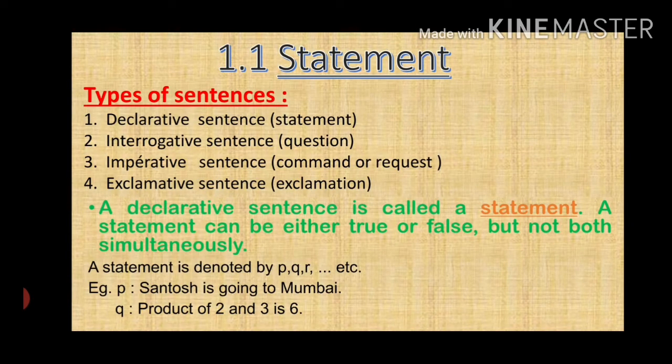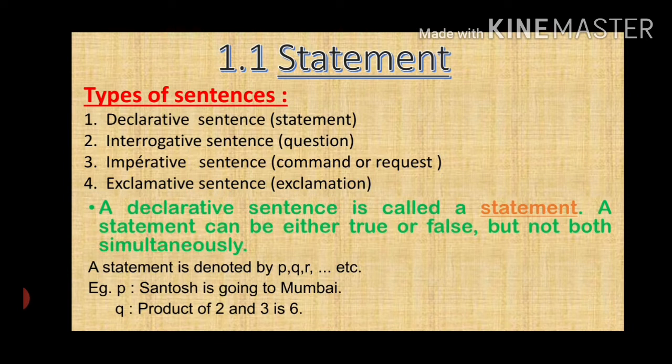With the first subtopic of this lesson, that is statement. Now in English, we have studied different types of sentences. That is declarative sentences, interrogative, that is questions, then imperative sentences, that is commands or requests, then exclamative sentences, where we put the exclamation mark at the end of the statement.